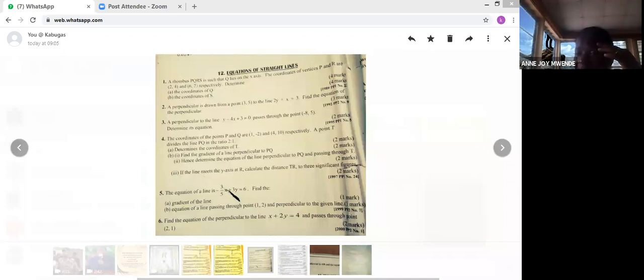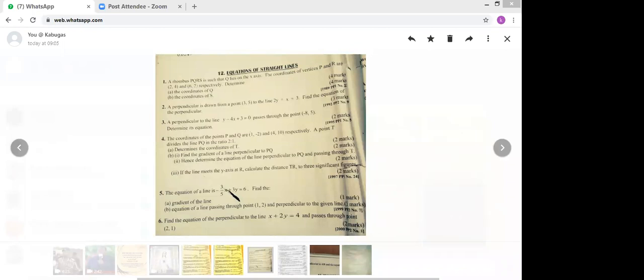Moses, write the equation in the form of x over a plus y over b is equal to 1, the double intercept form.